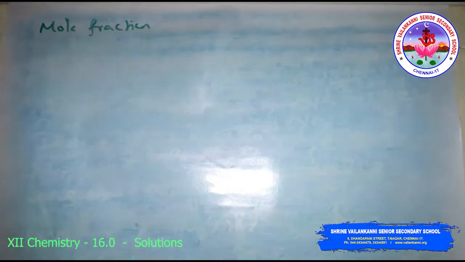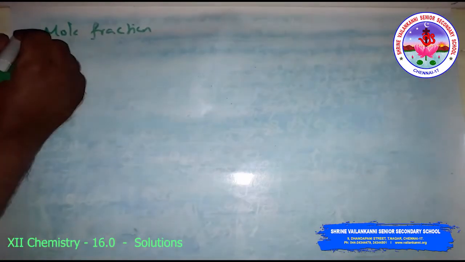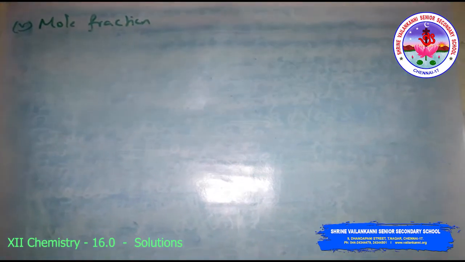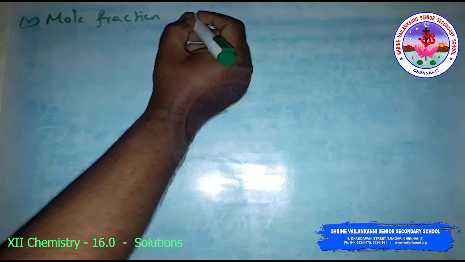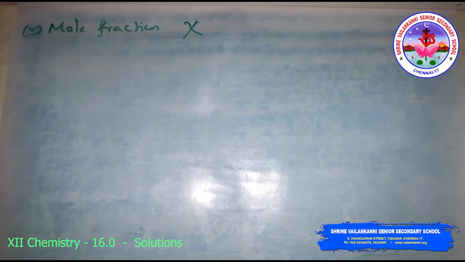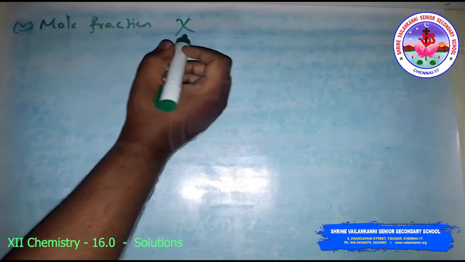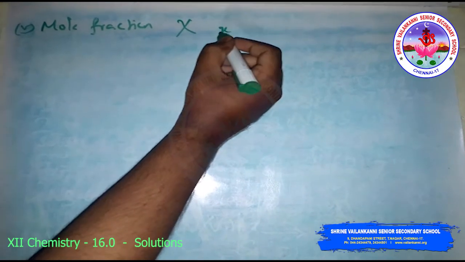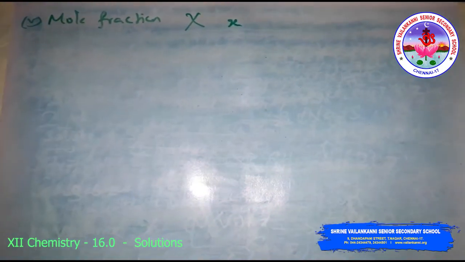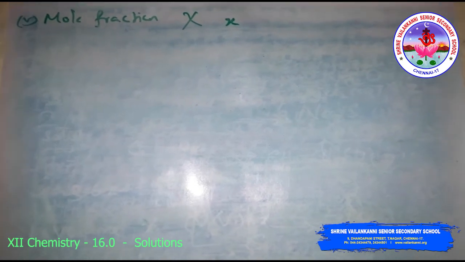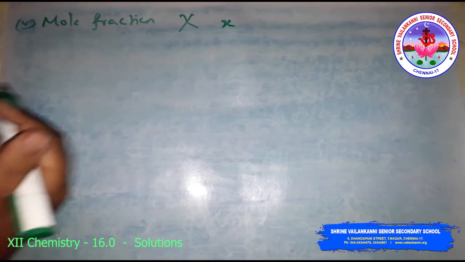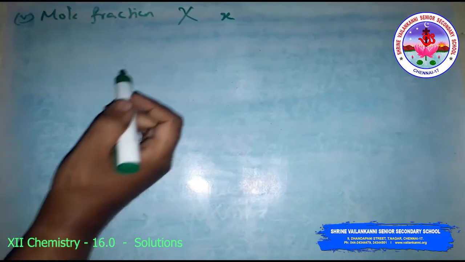Next is the mole fraction. This is the fifth one. Commonly the symbol used for mole fraction is chi, or sometimes they use x, whatever it is. The subscript on the right hand side denotes the component.